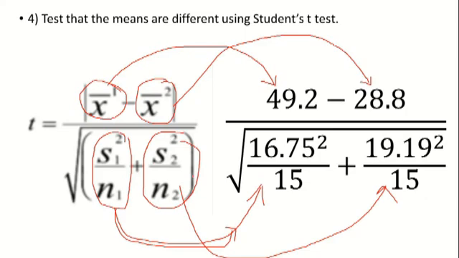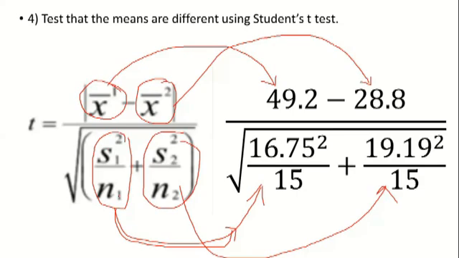You subtract from it the mean of the second sample, which was 28.8. Then there is a denominator down here. You have to get the standard deviation, square it, then divide it by the sample number, plus the standard deviation of the second sample, squared, then you divide it by the sample number there.